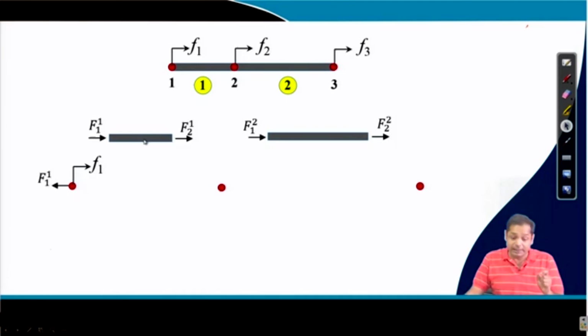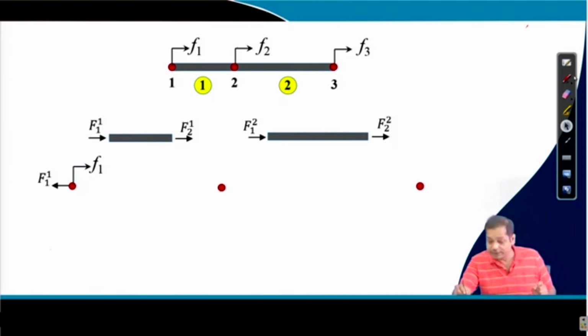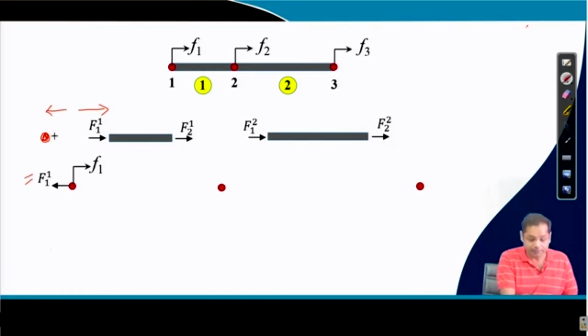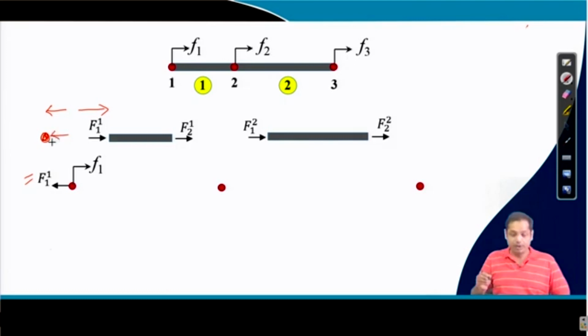Mind it, if the force in the member is in this direction, then you have a node here, so on the node the force will be in this direction. That's why F11 is shown in this direction.